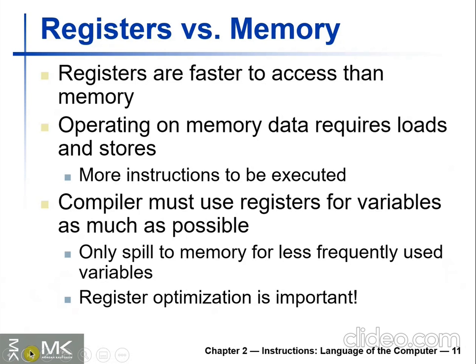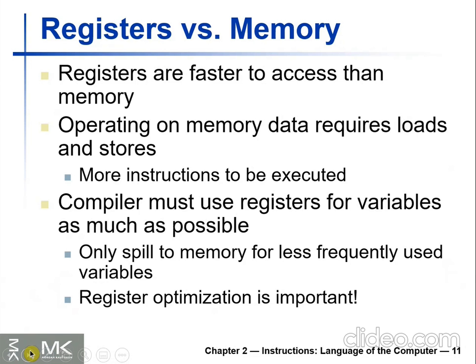Compiler must use registers for variables as much as possible. Why? Because accessing registers is much faster than accessing the memory. So the compiler, which converts your high-level language into machine code, and the machine code or assembly has two forms: binary form, not human readable, and the assembly form, which is human readable.